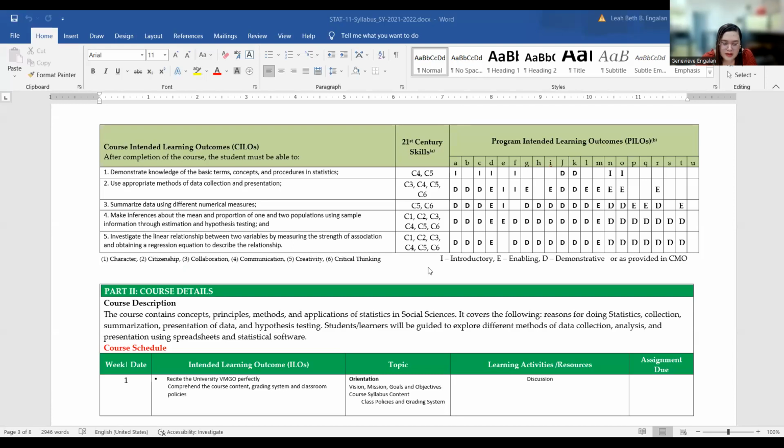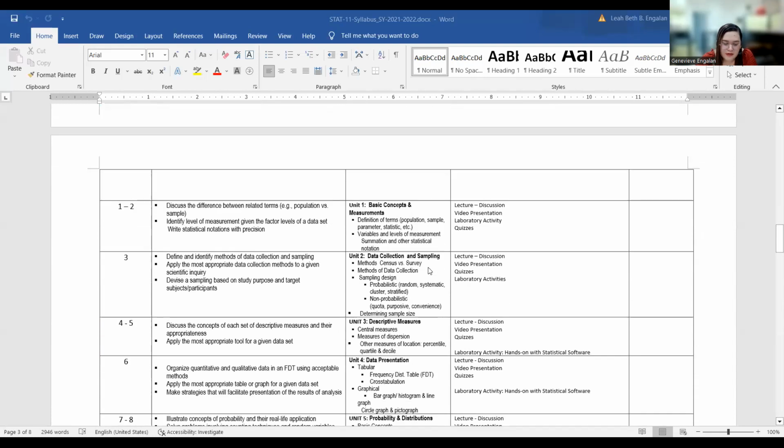Okay. So we have the following topics. We have basic concepts and measurements. We have the definition of terms, a population, sample, parameter, statistics. We also have the levels of measurement, and also the summation and other statistical notation.